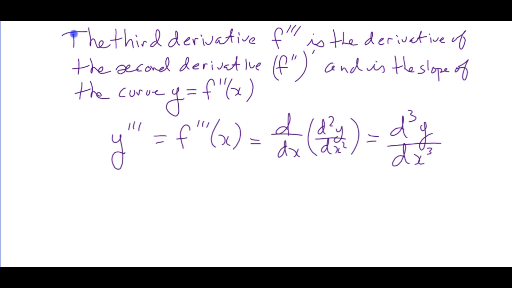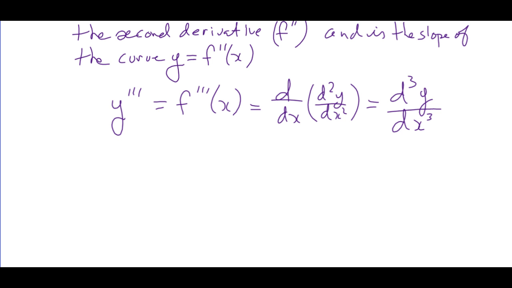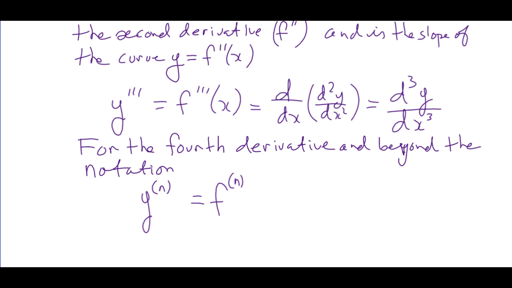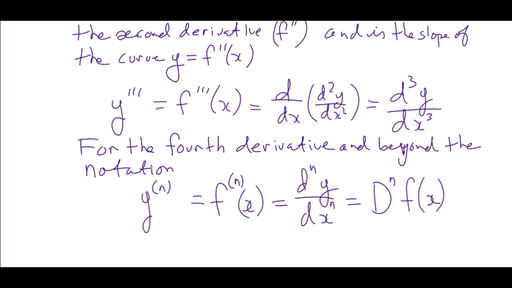If you had 4, you'd be counting primes. So the notation for higher derivatives: fourth and beyond, you use y and then in brackets n, not without the brackets, right?